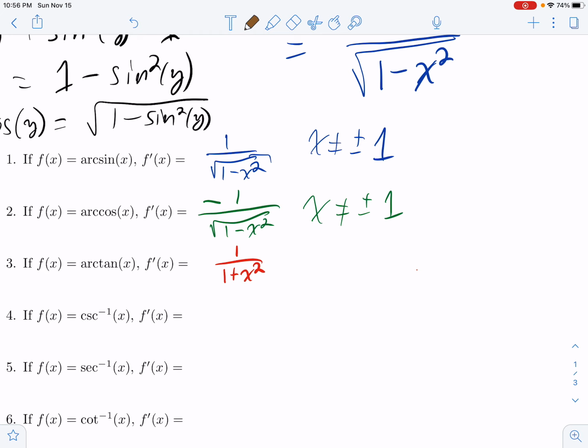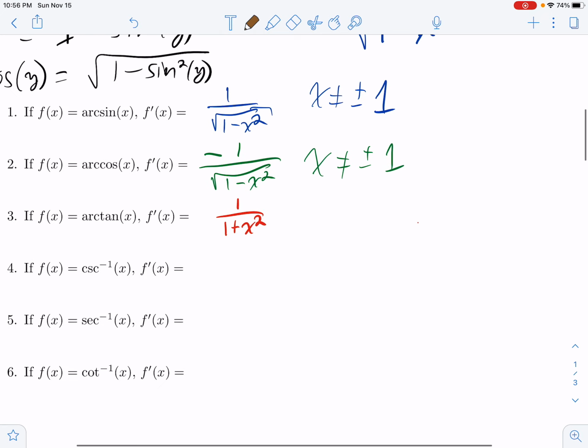Cosecant and secant follow the same kind of pattern as sine and cosine. Cosecant, however, is the negative 1. So this is negative 1 over, and here is where it gets really wild, the absolute value of x times the square root of x squared minus 1.